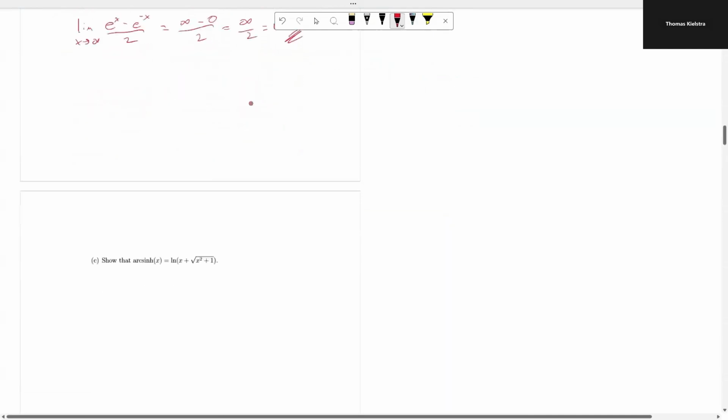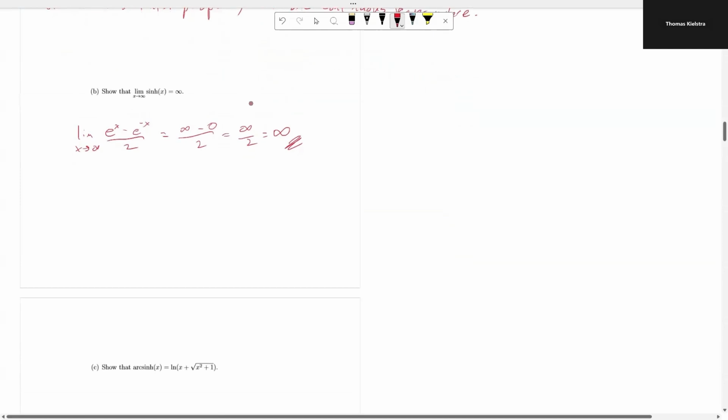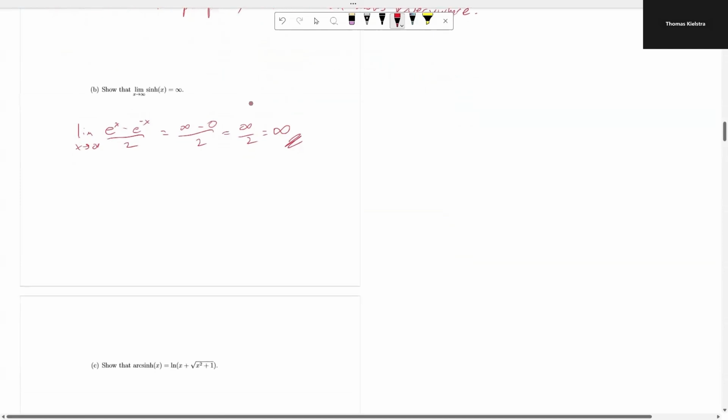Now, there was another question that I think I removed. It was: show that the limit as x goes to minus infinity of sinh of x equals minus infinity.